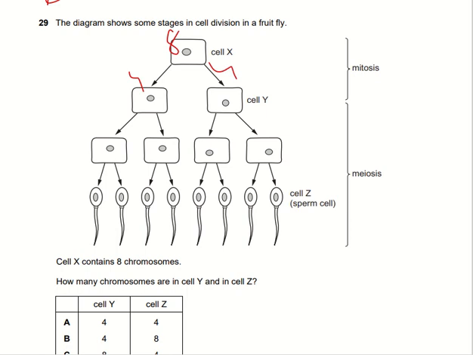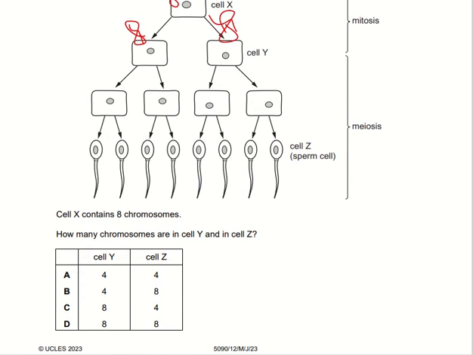When the cell divides, the DNA will be replicated, and both daughter cells will also have 8 chromosomes. Then at meiosis, how many chromosomes are in cell Y and in cell Z?